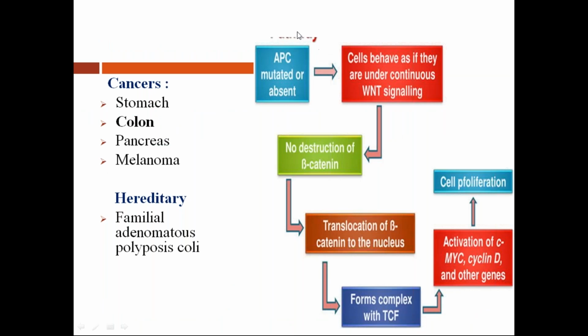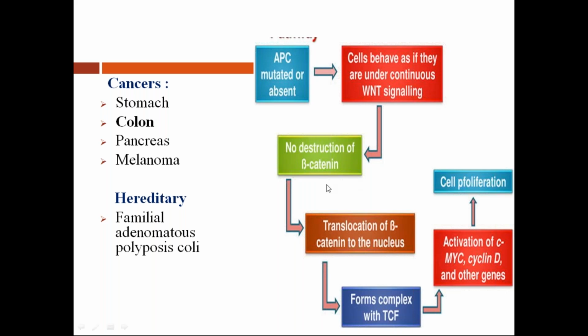So that's about the APC gene. When the APC gene is mutated, the APC protein is absent. So the cell behaves as if it is under continuous WNT signals, as if the cell is always there in the cell cycle.